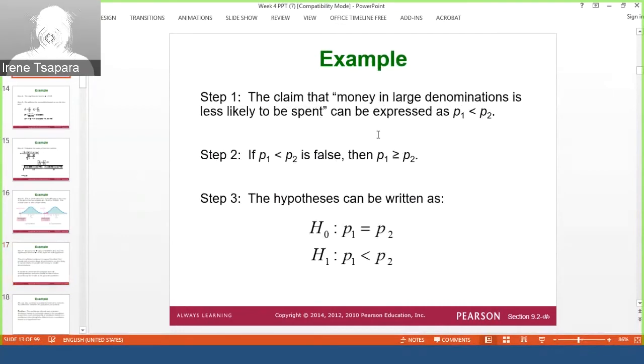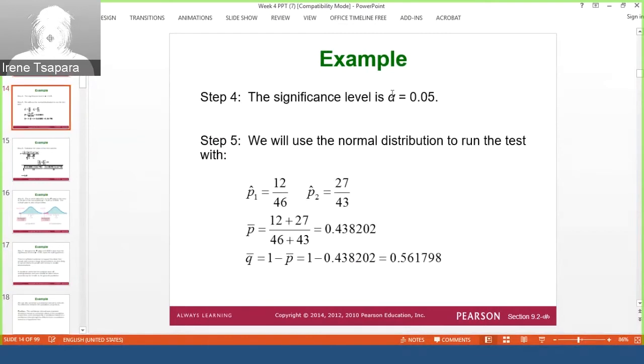I want you to see again that the steps of the test are the same as we had last week. So the claim, the setup of the hypothesis, the significance level. The step 5 now is that we run the test. Before we run the test, you have to calculate the pooled proportion.